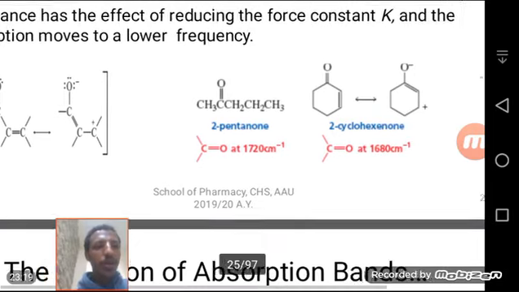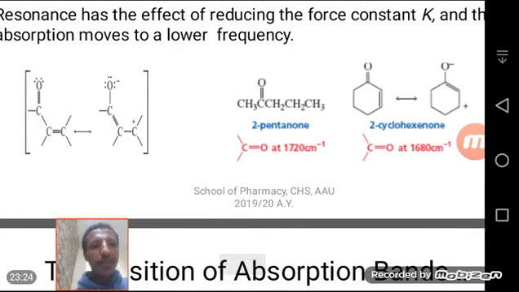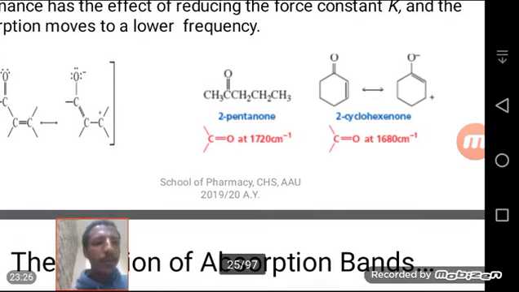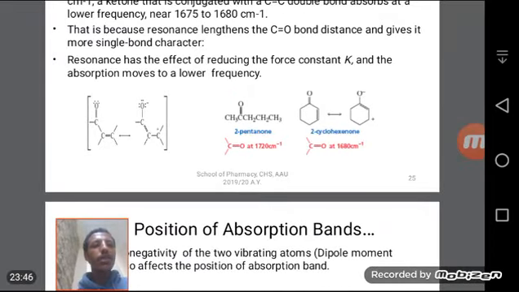When we come to 2-cyclohexenone, there is a resonance effect that reduces the IR absorption to 1680 per centimeter. This is a result of the resonance effect. So resonance affects the force constant. As the force constant decreases, the frequency or wave number of the IR absorption of a molecule also decreases.